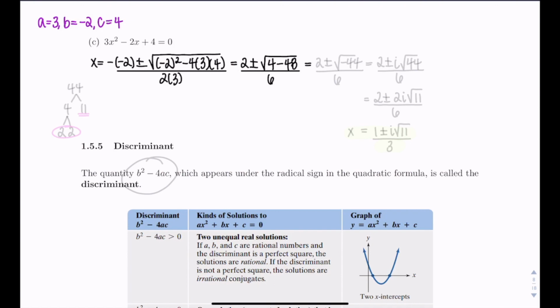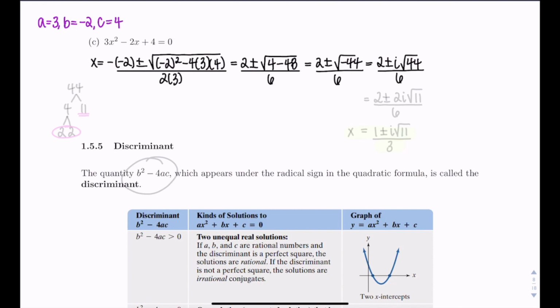Well, 4 minus 48 gives me plus or minus the square root of -44. And this is all over 6. We know that a negative underneath a square root can be pulled out as an i. So we have 2 plus or minus i, square root of 44, all over 6.